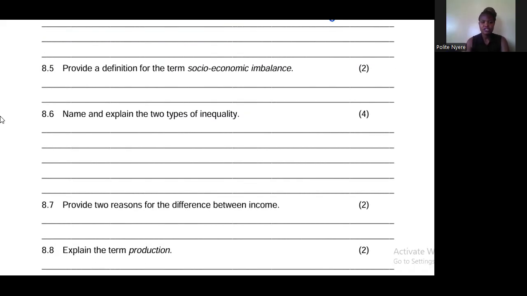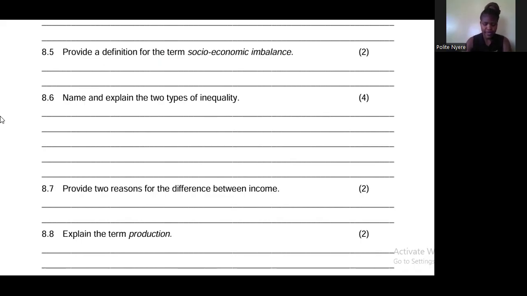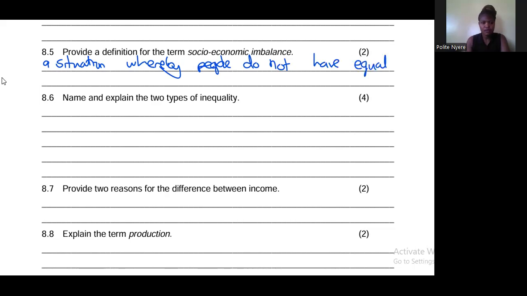Then provide a definition for socio-economic imbalance. So when we talk of socio-economic imbalance, it is a situation whereby people do not have equal access to resources.